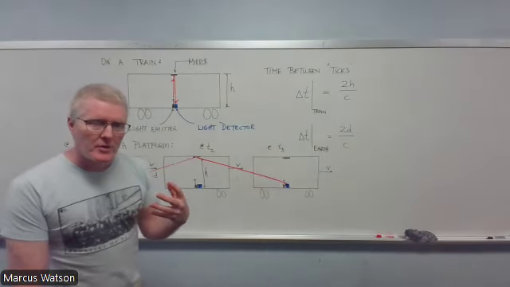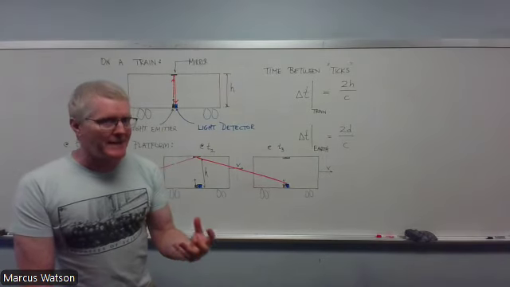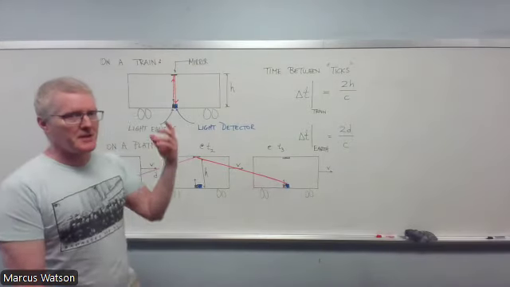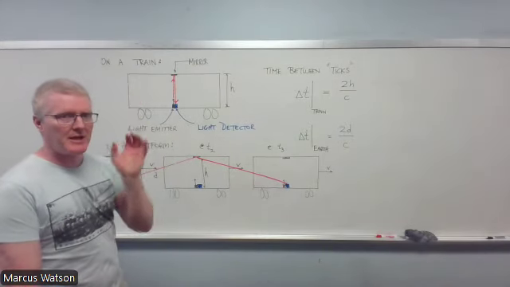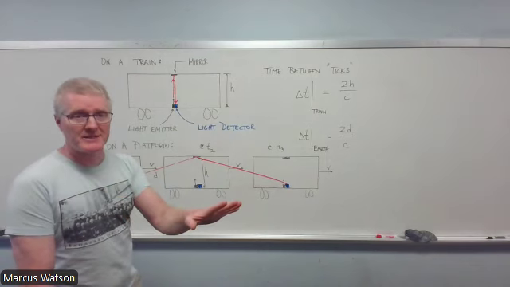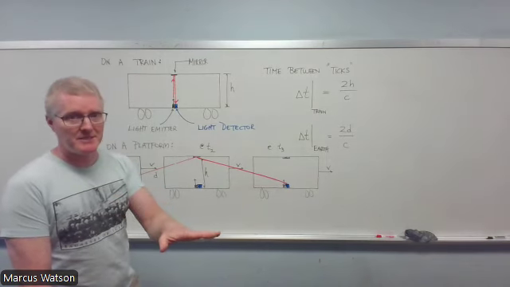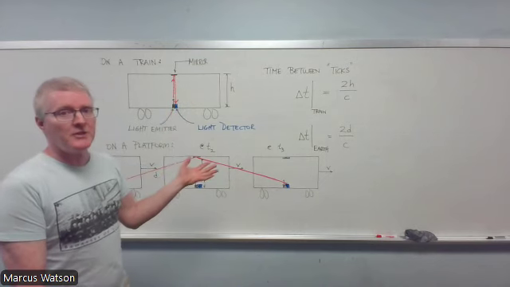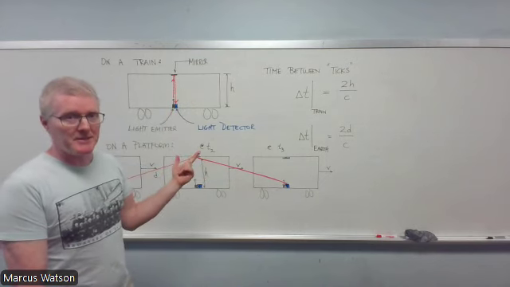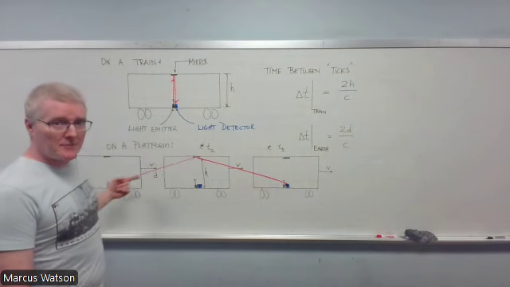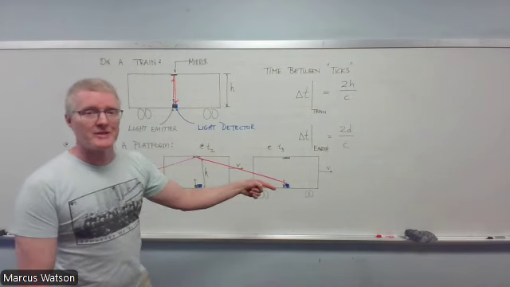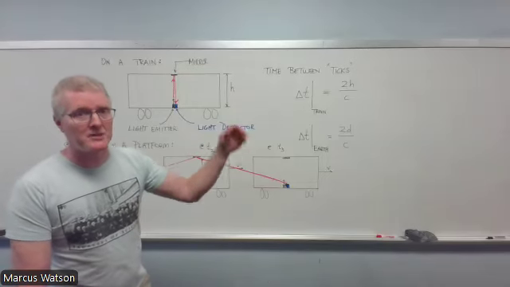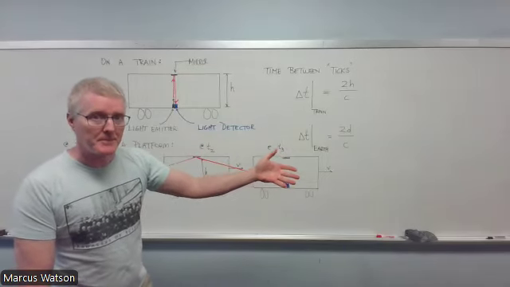Remember, light is still traveling at c. Just because I've gone from being on the train to being out on the platform, light still travels at the same speed. Light travels at light speed for all observers, and that was inertial and this is inertial. So we see light traveling at the same speed. But you'd agree that I'm looking at light traveling a longer distance, and therefore light must be taking a longer time because it travels at the same speed.